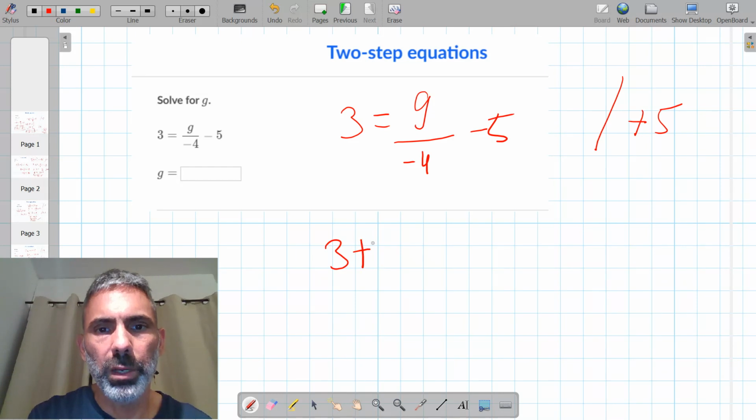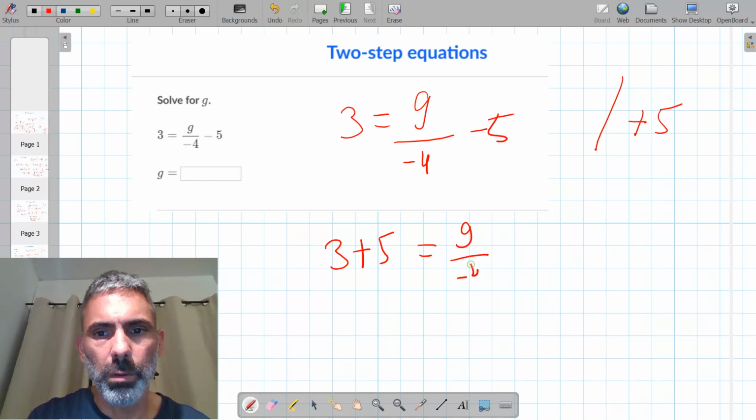So I have 3 plus 5 on the left-hand side, and on the right-hand side I'm left with the g over minus 4. So 8 equals g over minus 4.